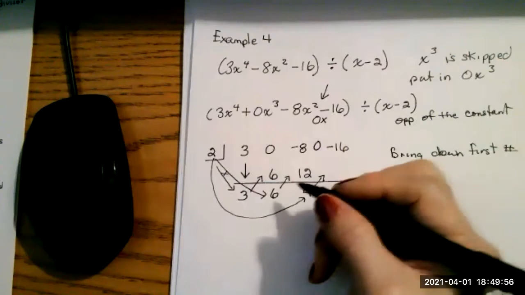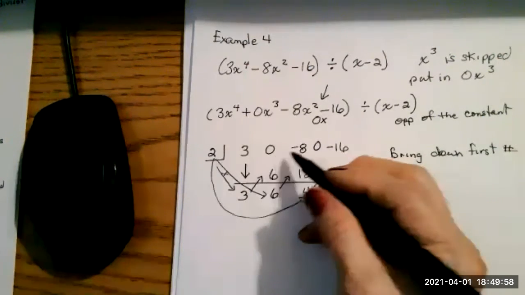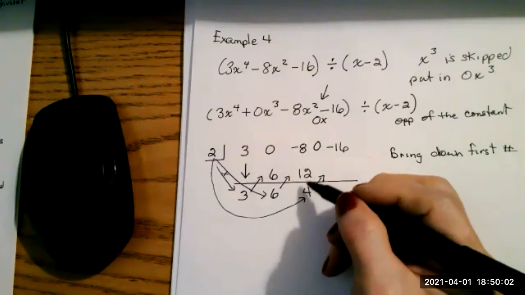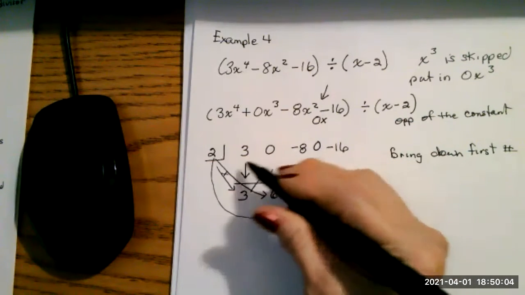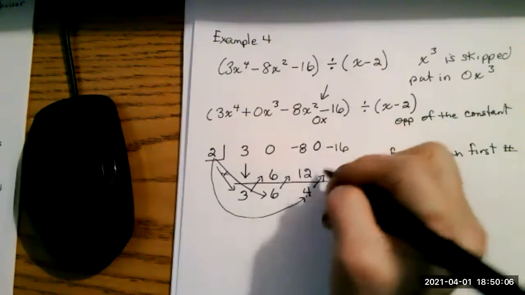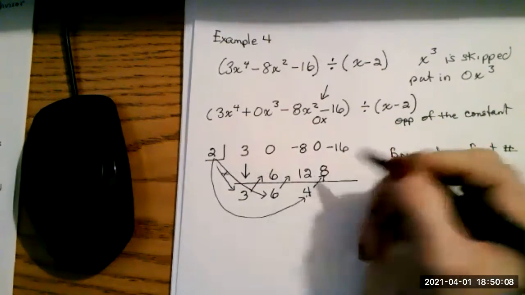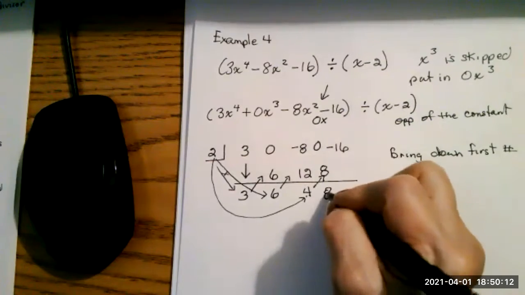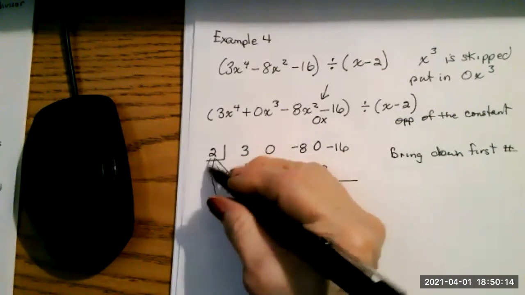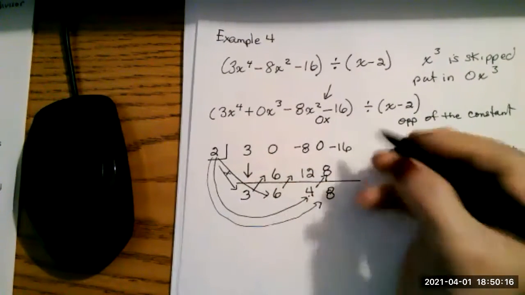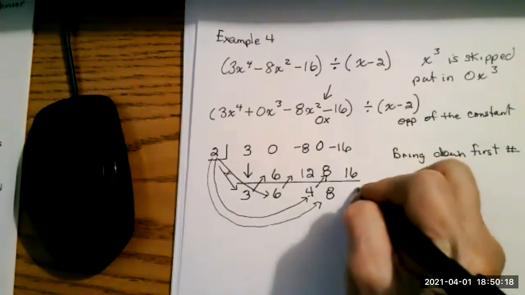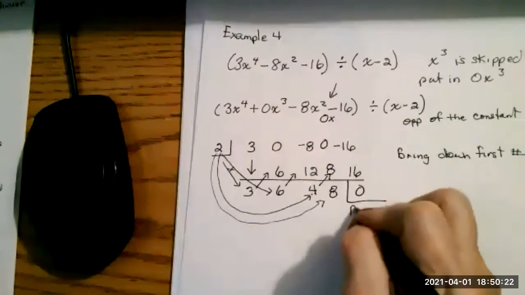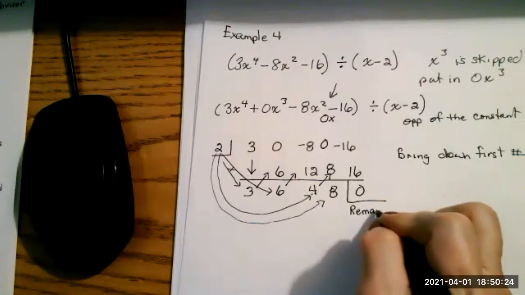So now I've got 3, negative 8, 0. So I still have 4, and 4 times 2 is 8. 8 should go there. So now I have an 8, and then I do 2 times 8 is 16, and I have a 0. This last thing that's here is called the remainder.